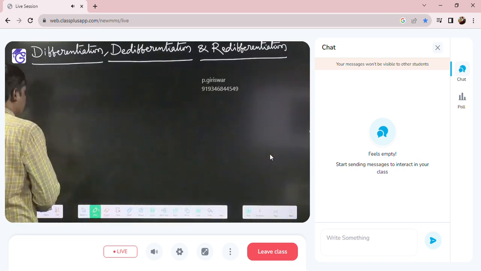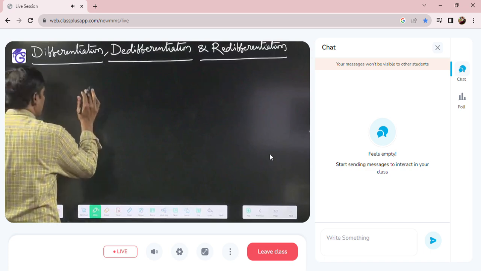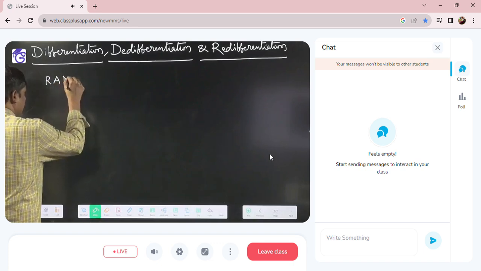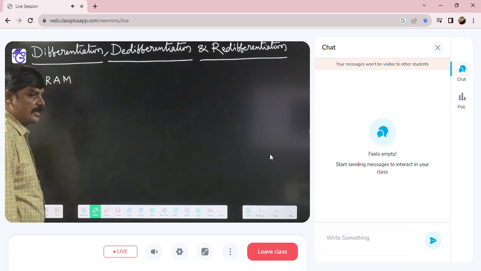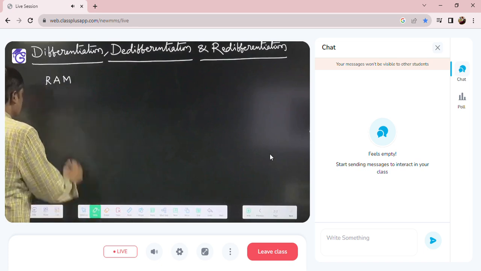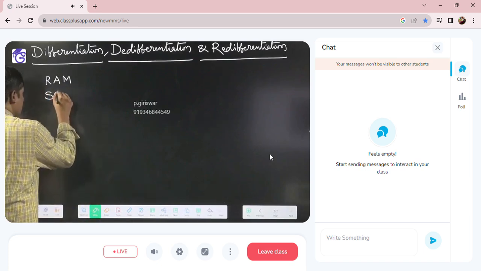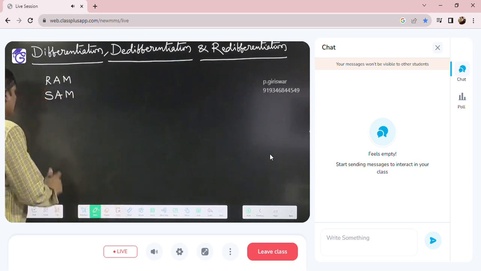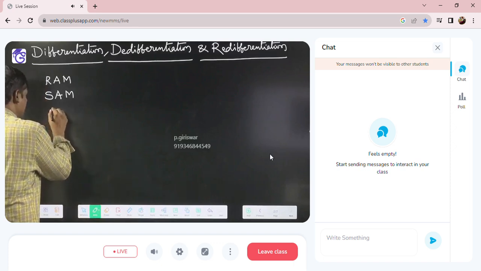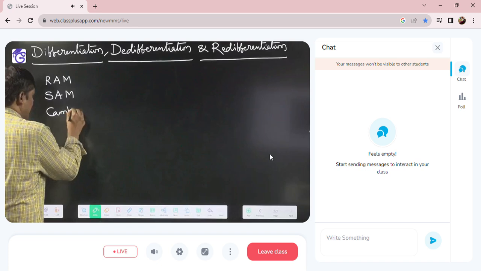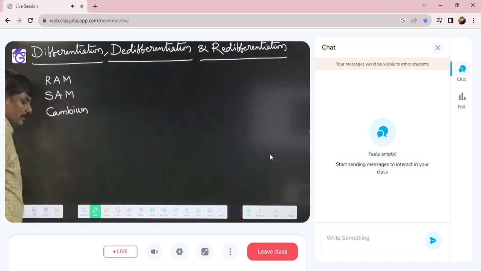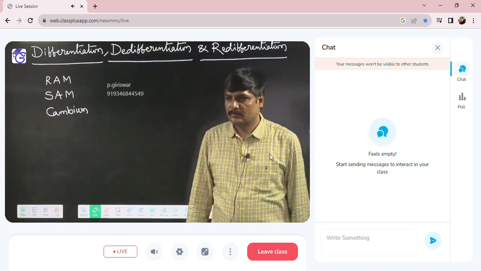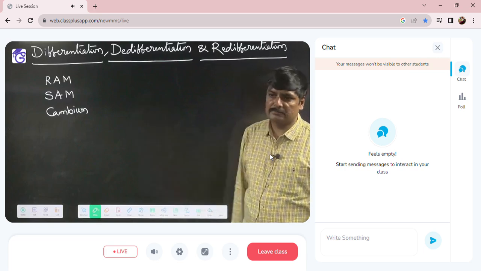All of you know there are several meristems like root apical meristem present at the tip of the root, shoot apical meristem present at the tip of the stem and branches, and cambium. That may be vascular cambium or cork cambium.